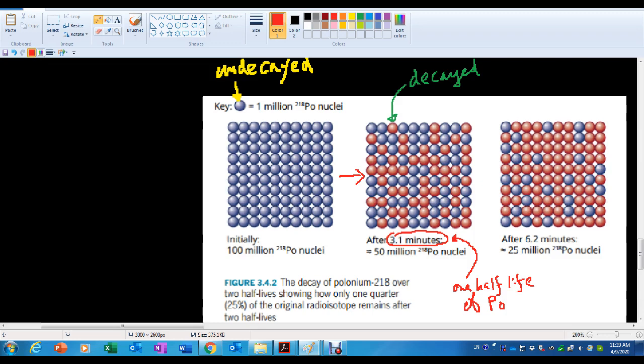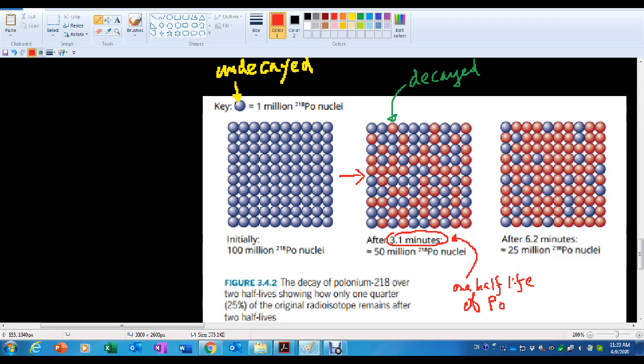But the point here is that after one half-life, half of the undecayed nuclei become decayed. You might count the number of reds against the total number of nuclei. You see half of them become red. That means they are decayed. And you see the location of these decayed nuclei, they are random.